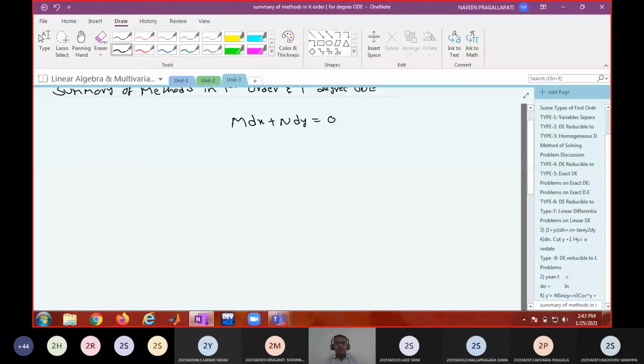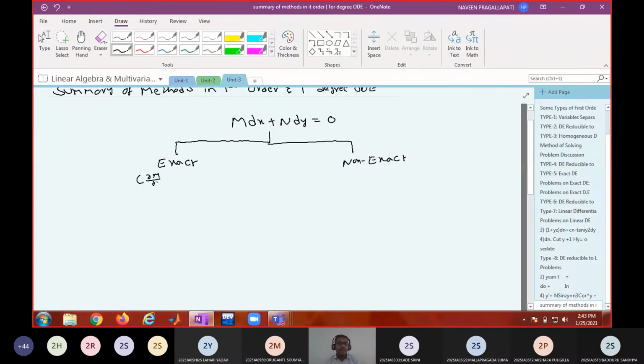So when you see a differential equation like this, what is your first task? To check whether it is exact or not. So this can be classified as an exact DE. What do you mean by exact?